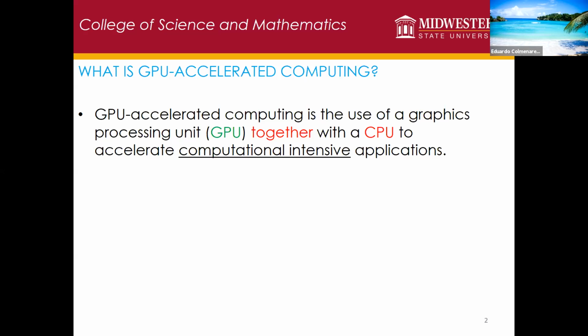Video games is an industry that is perhaps going to produce a lot of money in the near future. So why don't we get together and create a company, and our product is going to be a new device that is going to be inside the computer and is going to help the CPU, the central processing unit, to accelerate computation in order to give video games a more realistic experience.